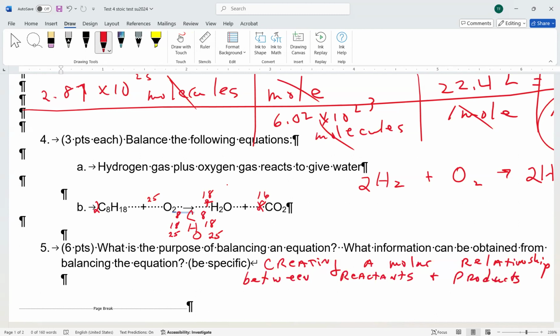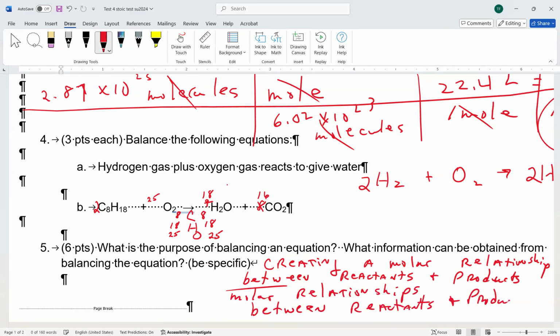What information can be obtained is the molar relationship. That's the middle step of the stoichiometry problems.